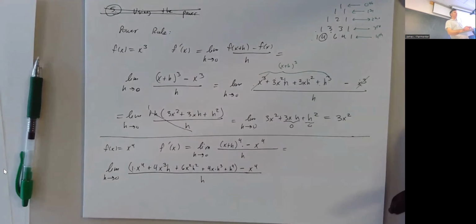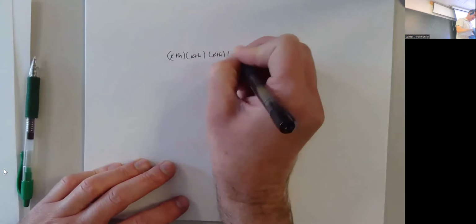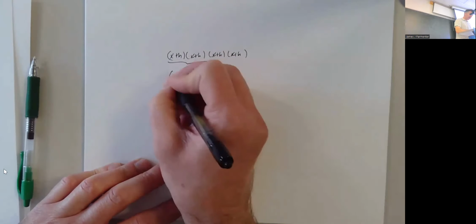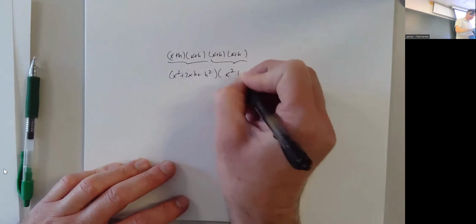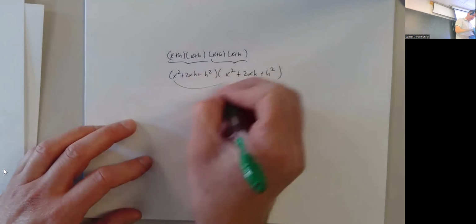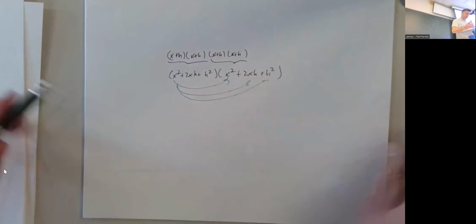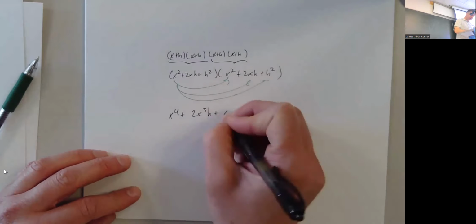You could do this the long way. You could actually multiply out x plus h times x plus h times x plus h times x plus h. I don't want to, but you could. If you actually had to do this the long way, it kind of sucks, but it's not that bad. We know that that's x squared plus 2xh plus h squared. That is also x squared plus 2xh plus h squared. And then if you superfoil this out, okay, this. So you've got x to the 4th plus 2x cubed h plus x squared h.